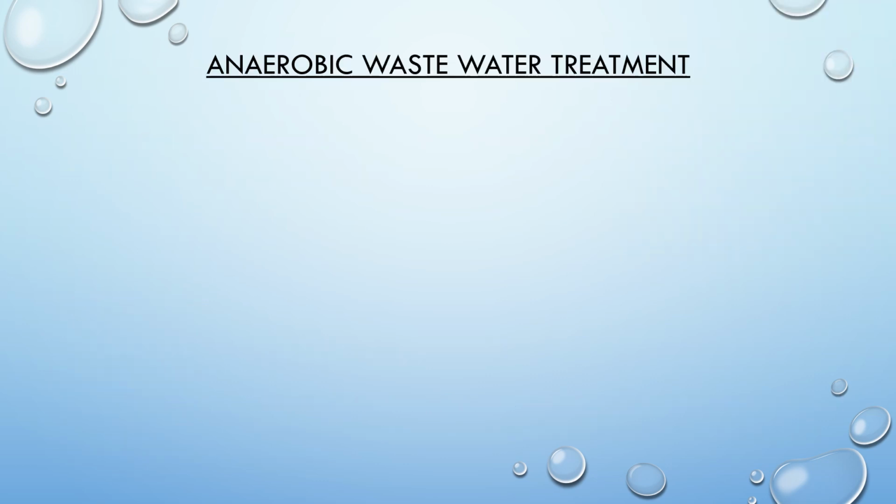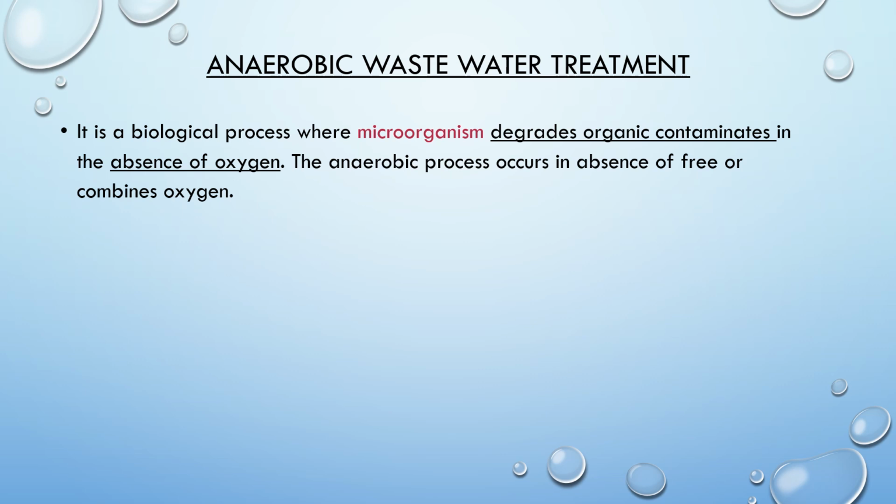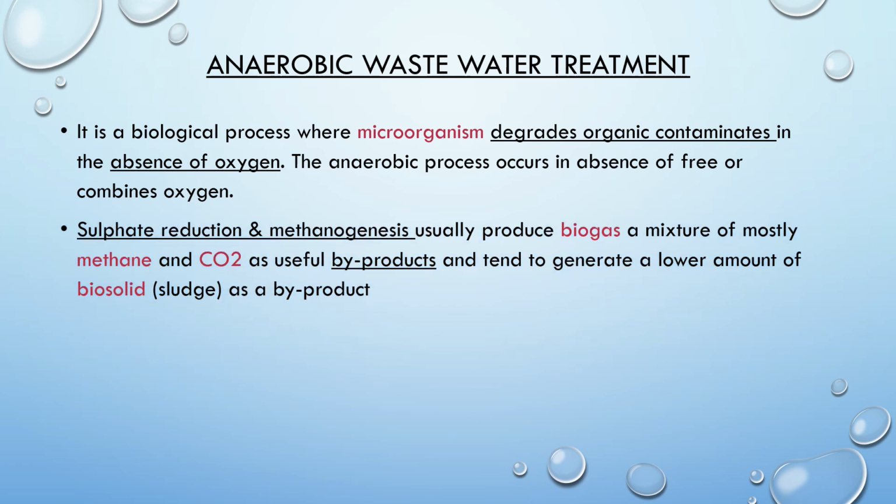Now, anaerobic wastewater treatment or effluent treatment. In this process, the microorganisms degrade organic contamination in the absence of oxygen. Sulfate reduction and methanogenesis usually produce biogas. A mixture of mostly methane and carbon dioxide is a useful byproduct, and these processes tend to generate a lower amount of biosolids, meaning sludge, as a byproduct.